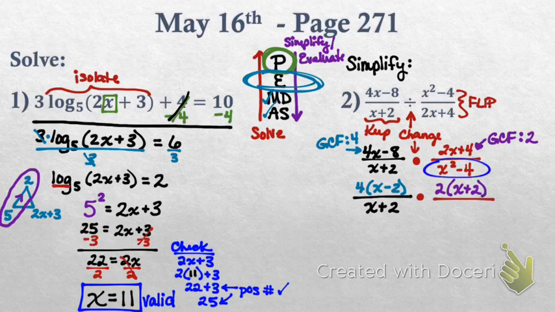Can we do anything with this bottom piece? Yes, this is a difference of 2 squares. And it factors to be x plus 2 and x minus 2. You're absolutely correct.